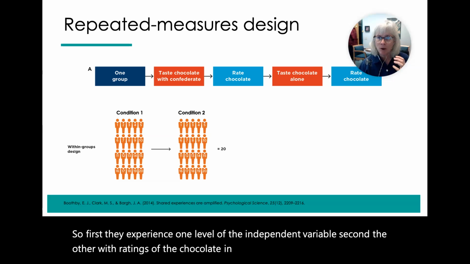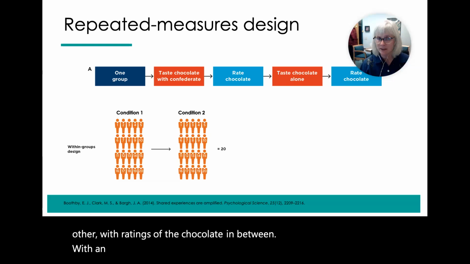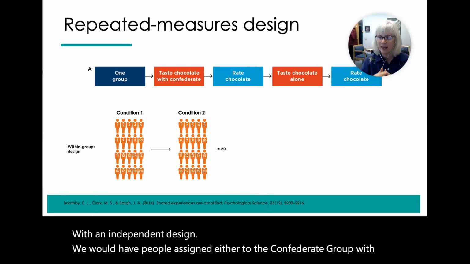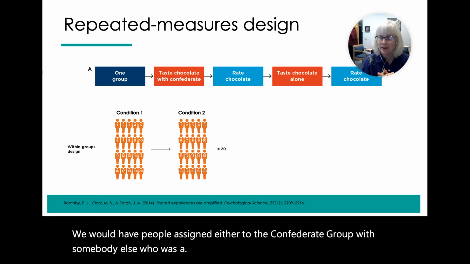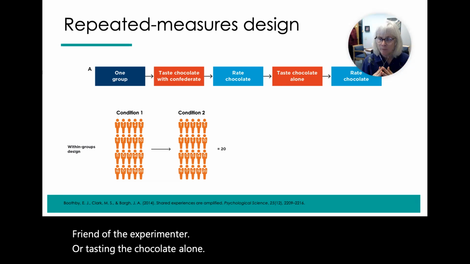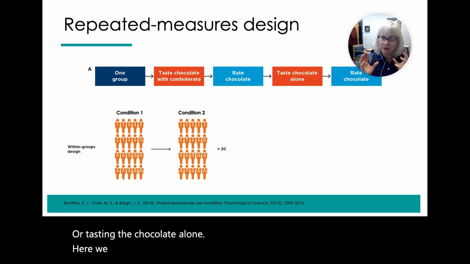Now with an independent design, we would have people assigned either to the confederate group, with somebody else who was a friend of the experimenter, or tasting the chocolate alone. Here we have people in the same condition.